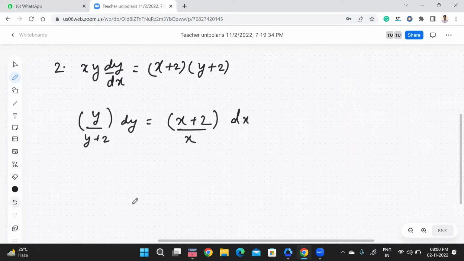So this is how we can separate variables here. Now we need to integrate both sides. So how can you integrate the right side first? Let's talk about the right side. How can you integrate this side?